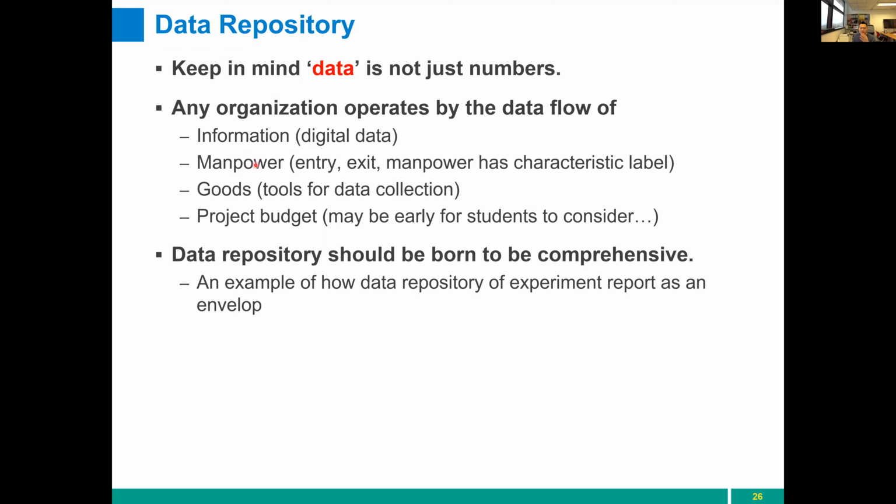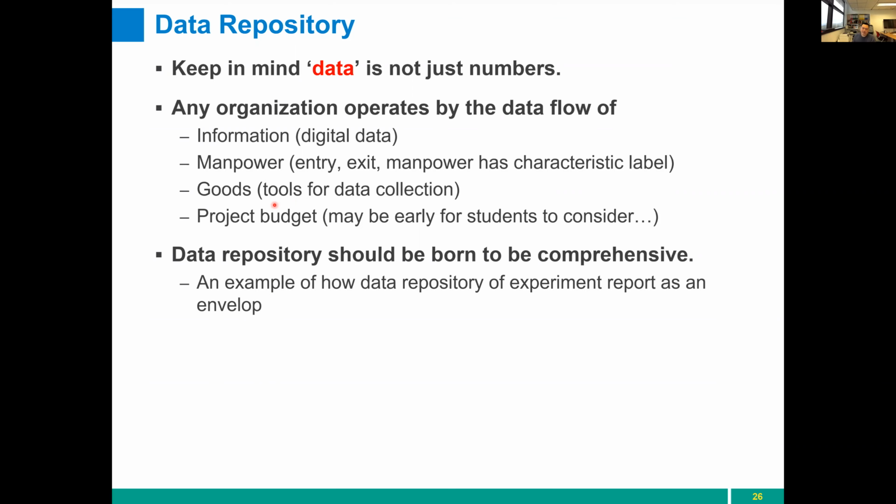At the same time, there is a flow of manpower, where we mentioned the projects, who has done what. The data is generated during the process with these people A, B, C involved. So there is a flow of people, a flow of manpower. There is also a goods flow, the tools and the equipment that you used for the data collection. And equipment has its own status. Are they in a good condition? Are they out of calibration?